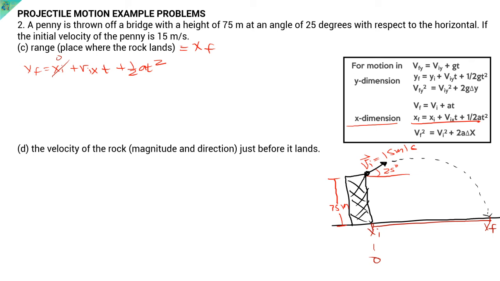VIX won't be 0 because we have an initial velocity at an angle, which means just like the VIY, we have our VIX. And the formula for VIX is actually VI cosine theta. Our T, or the time in the air, we have already solved for a while ago.